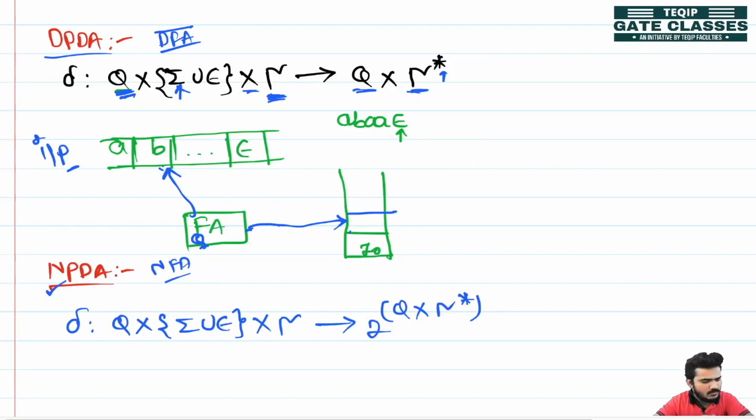Now let's take one example and we will see why we need a PDA where the finite automata fails. All these things we will discuss in that particular example. Also we will discuss what is meant by string accept and language accept, and whether we need a string accept or language accept. Let's see.